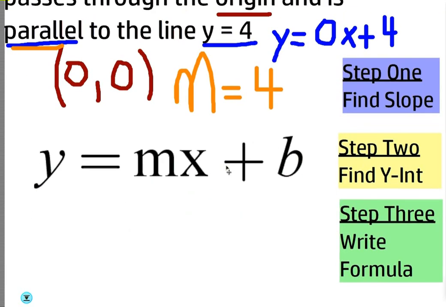Okay, so we're replacing everything with 0, except for the slope. So we got 0 equals, slope is 4, but it won't matter because the x value is 0, right?